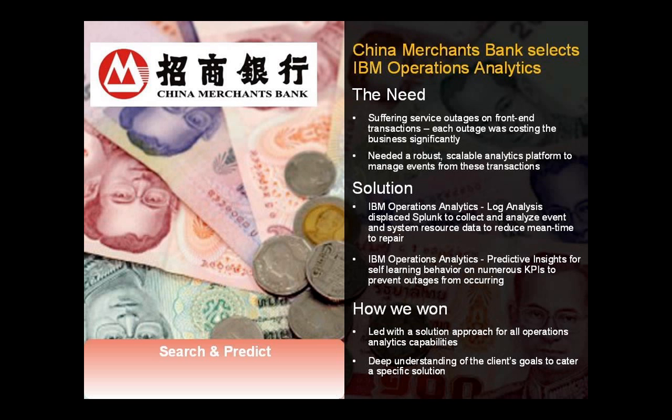And by having this cohesive capability in conjunction with predicting as well as proactively avoiding outages, but determining when those anomalies occur, rapidly being able to diagnose those issues through search in a single platform was of key benefit to them. So China Merchants Bank is one of the key new customers for us, leveraging two capabilities of the platform, but led with search as being the initial need.